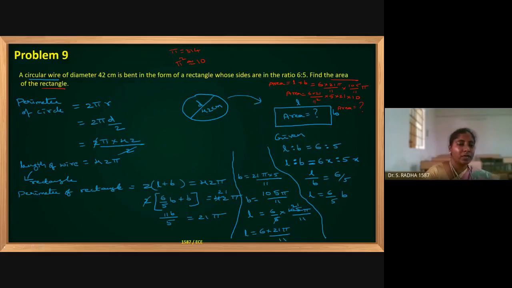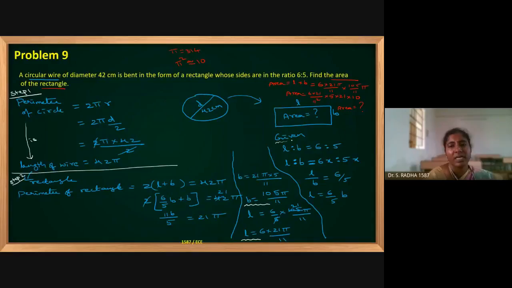So what I have done in this question, step 1 I have gone with perimeter of the circle, which gives the length of the wire. So here I completed step 1. Next, step 2, that wire is used to form a rectangle. Now I am finding the perimeter of rectangle. I got an equation, and from that I am finding b value and L value.